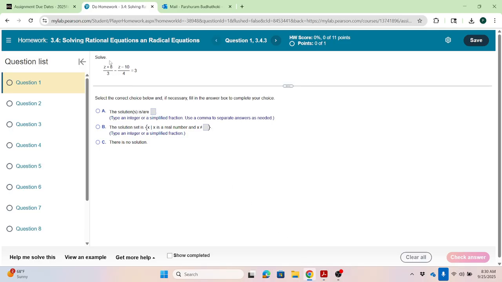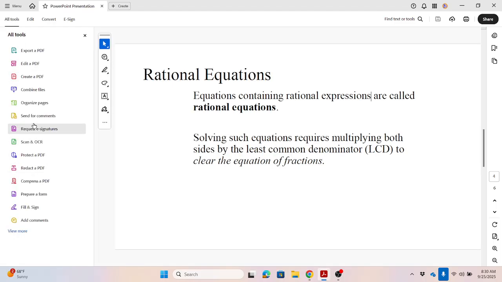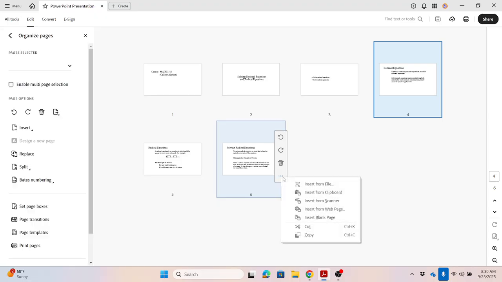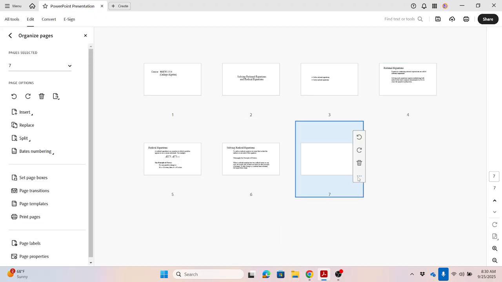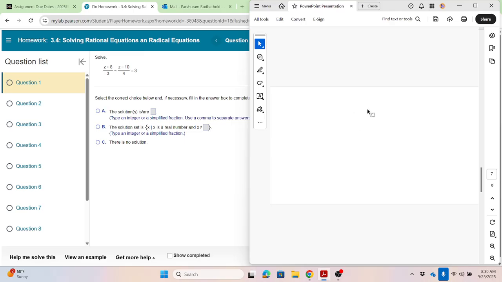Example, this is one of the rational equations because there are fractions. To solve this equation, we're going to multiply both sides by LCD.